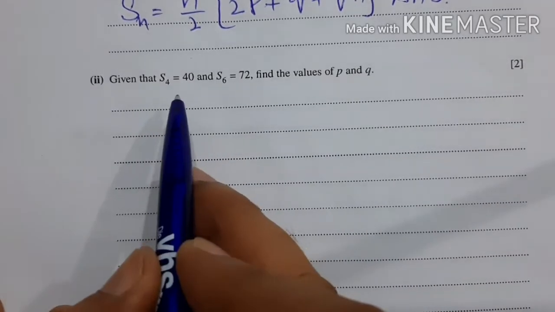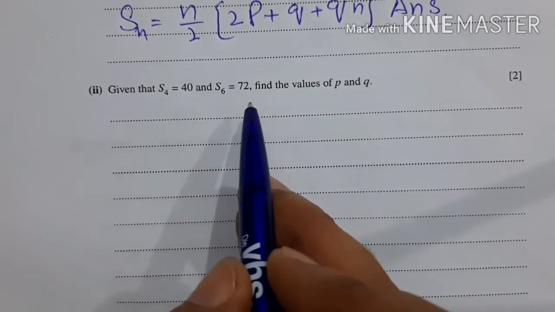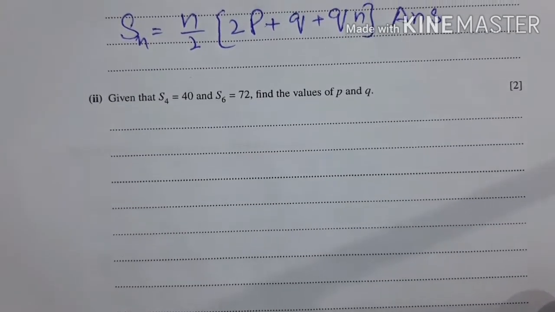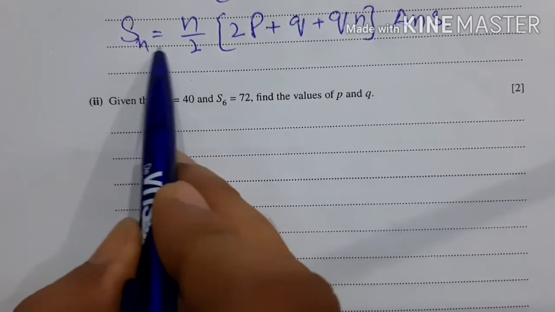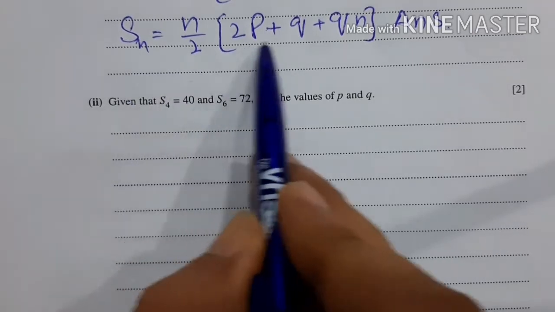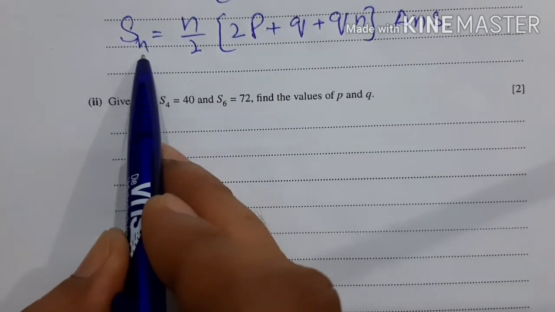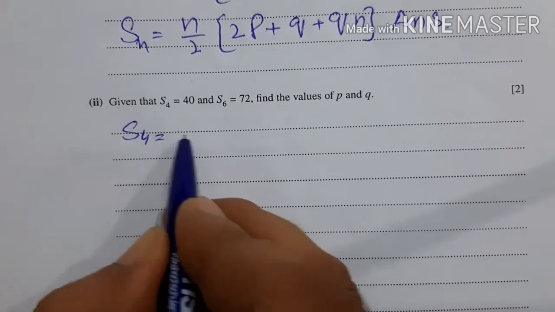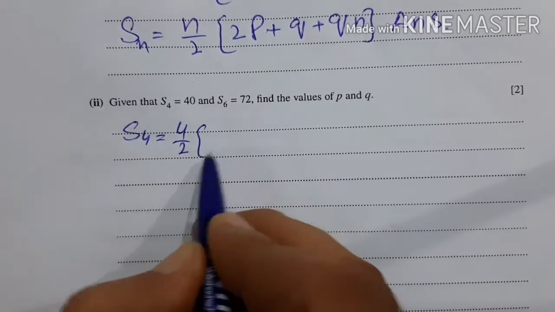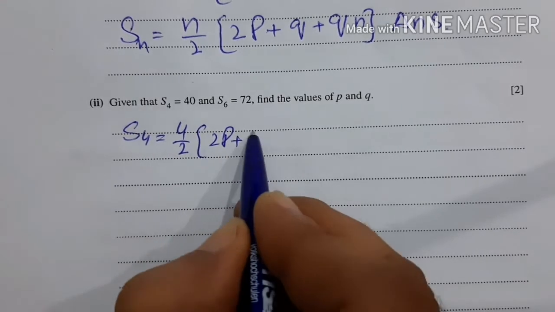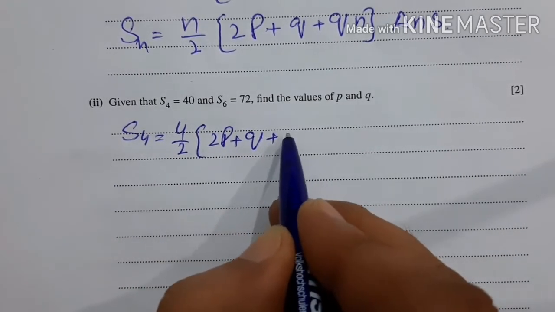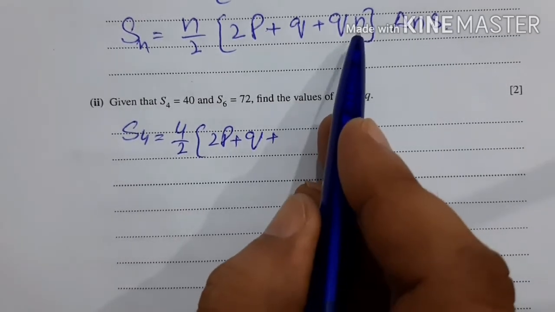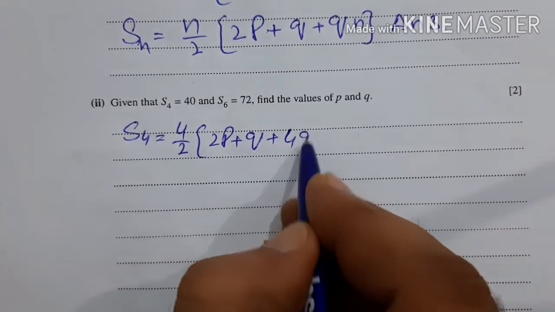Part 3. S4 is 40 and S6 is 72. Find the values of p and q. So we know that Sn is this. For S4 we'll put n is equal to 4. So S4 is equal to 4 over 2 into 2p plus q plus 4q, because we are putting n is equal to 4.